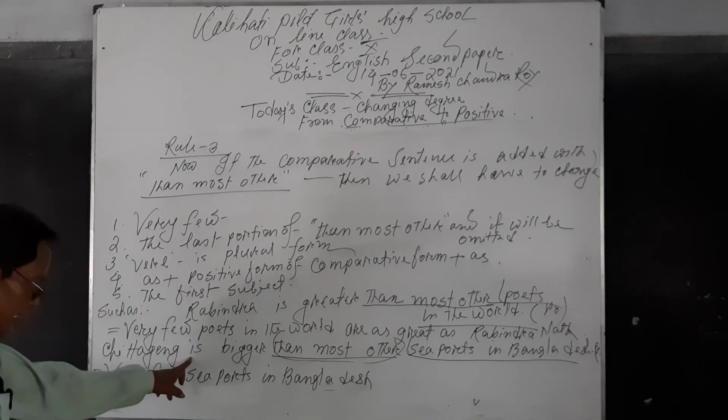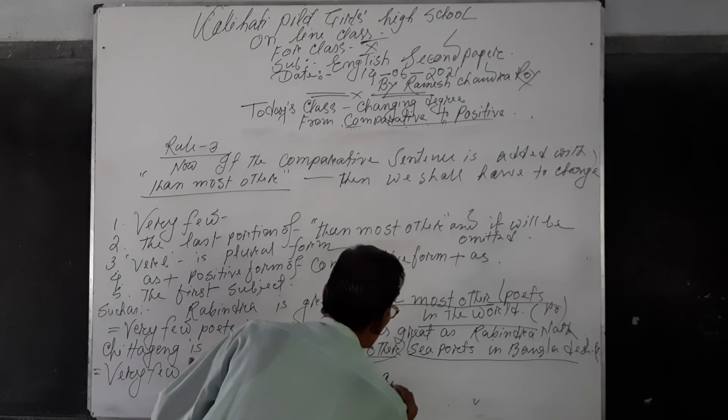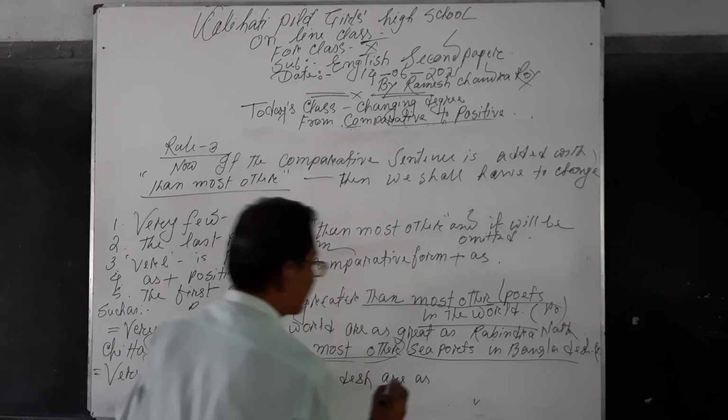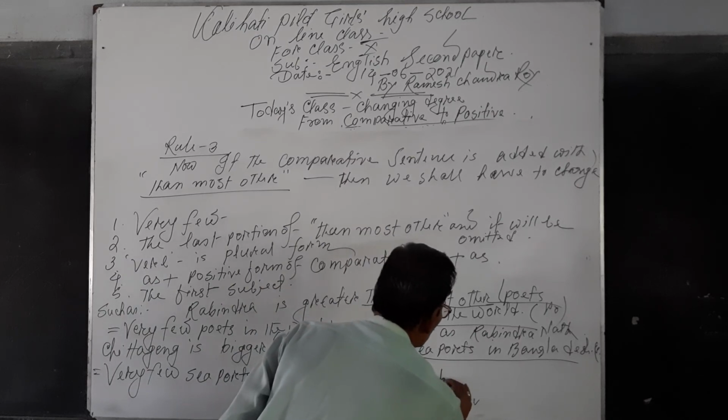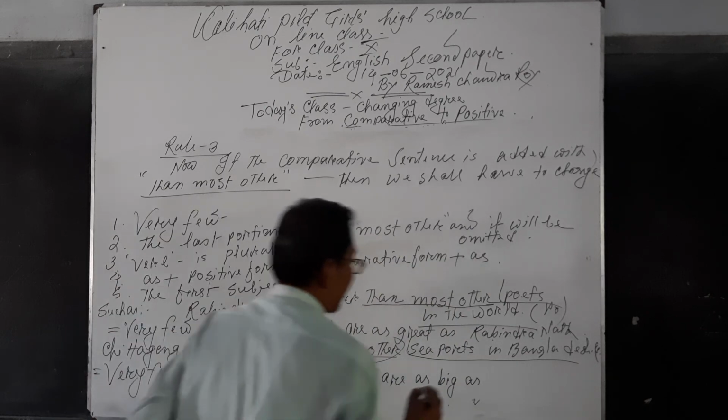Here the verb is, and its plural form is are. Are as big as, positive form, the subject Chittagong.